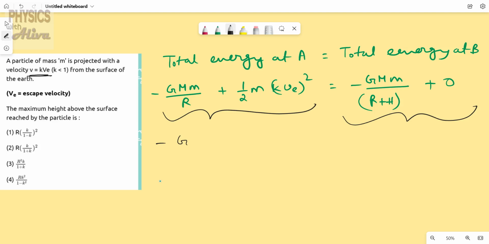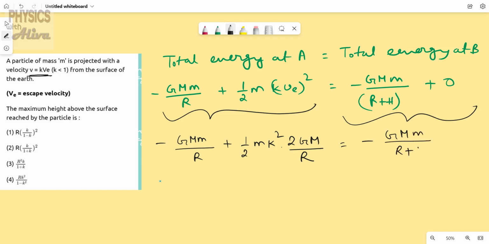Now we will solve this. In GMm by R, we will put the value of v_e here. This is k square and v_e square means 2GM by R. This is minus GMm by R plus h. This 2 and 2 will cancel out.